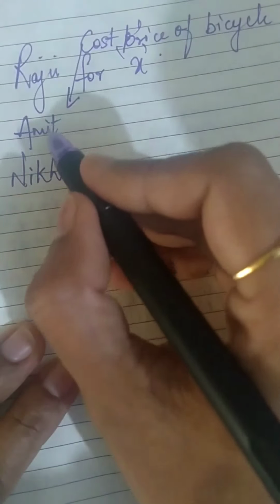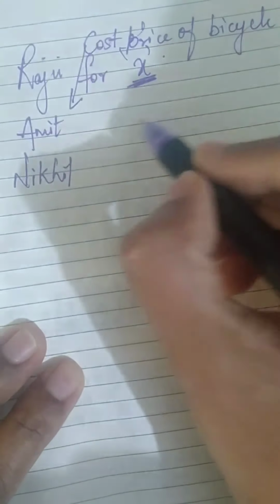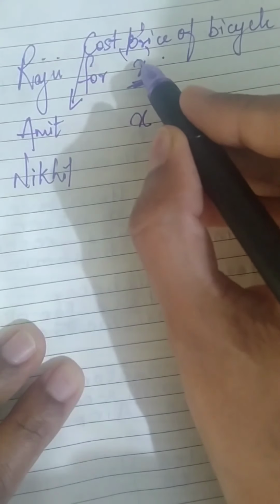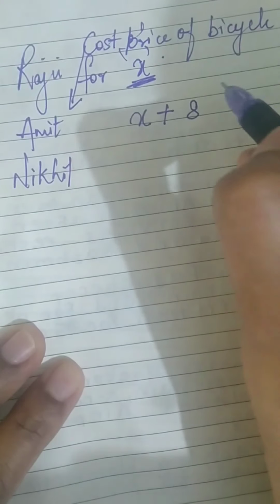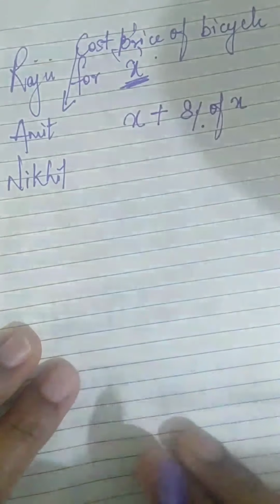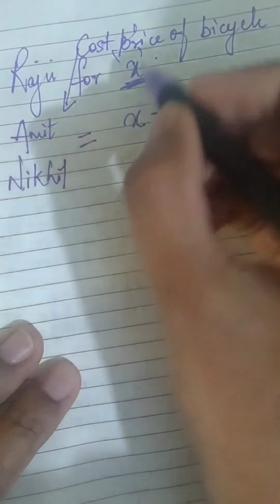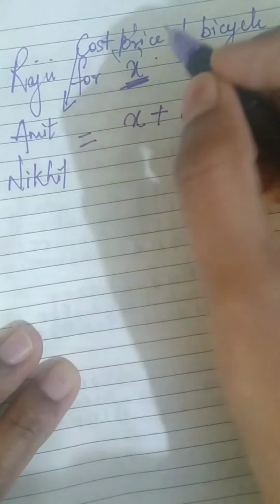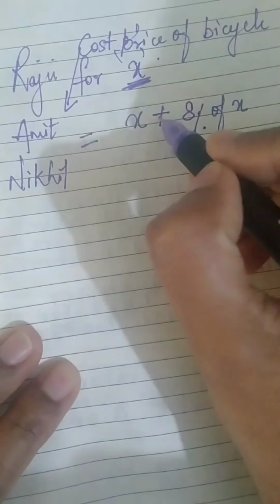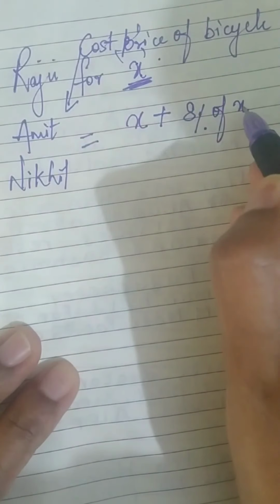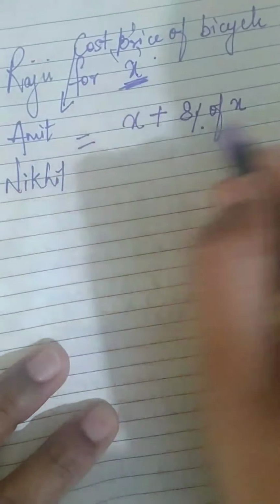That means Amit will have to pay this X rupees, plus 8% profit on this, that is 8% of X. Suppose the cost of the bicycle was 700. So that is 700 plus 8% more, 8% of 700. That's why I wrote 8% of X. Amit will have to pay this much money.